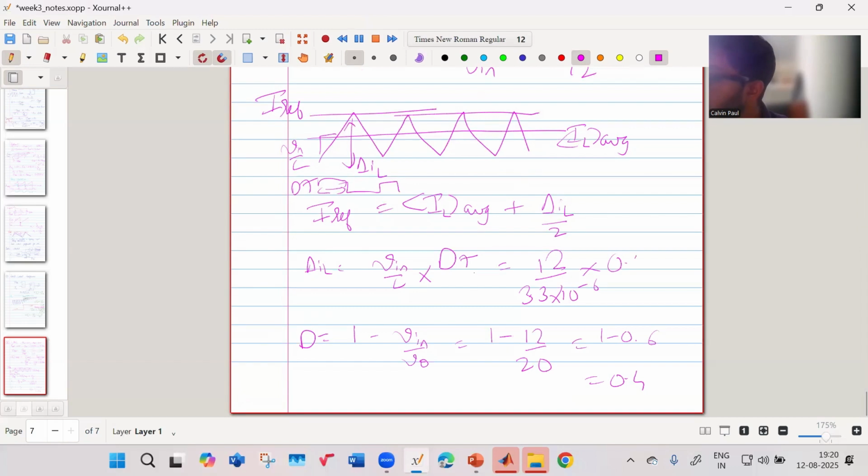T is how much? 1 upon 200 kilohertz. So can one calculate what is the delta IL? Okay, so your delta IL comes out to be 7.27 ampere.